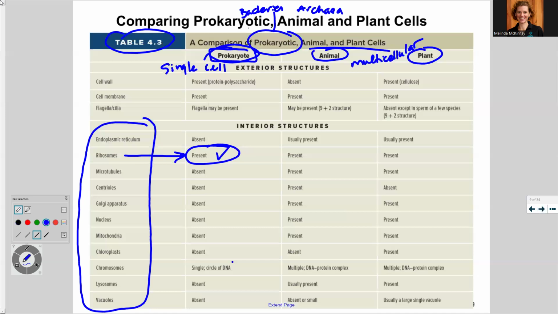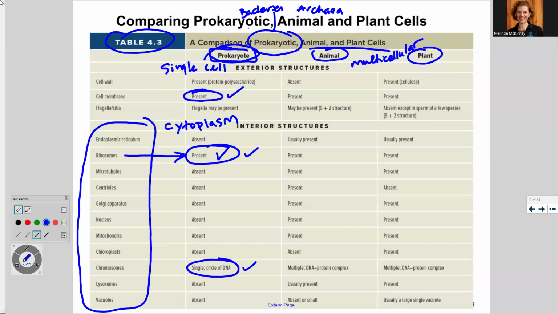And then the DNA, and the cell membrane. So we've got ribosomes, DNA, and cell membrane. And then what's not on this list, because it's more of a composite, is the cytoplasm.